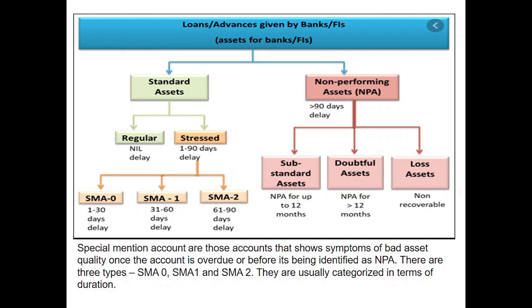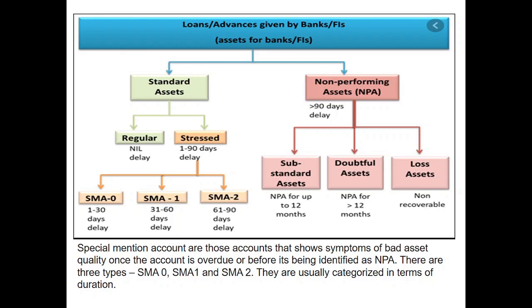Okay, so now come back to standard assets. In standard assets, we have two categories. One is regular, where there is no default, 0 day default, meaning regular payments are made till date, no default at all. But in the second part, under standard assets, we have something called stressed standard assets. So there can be a default of 1 to 90 days. Default is there, but it is less than or max 90 days.